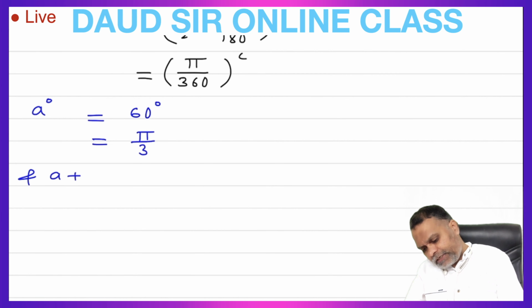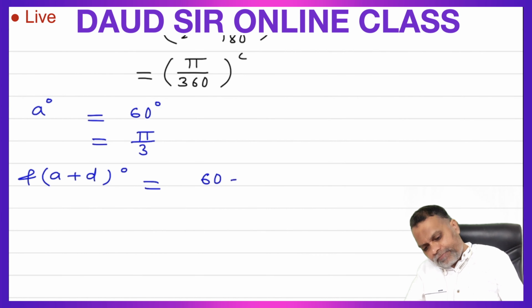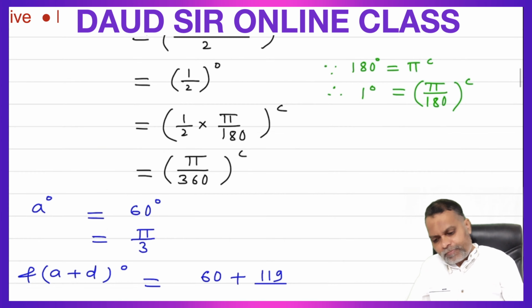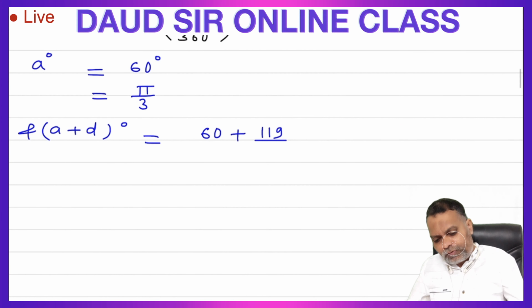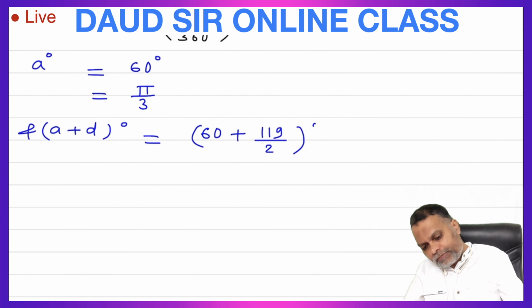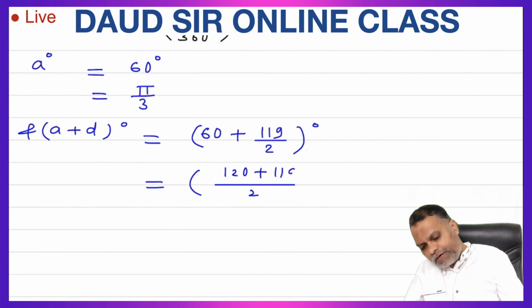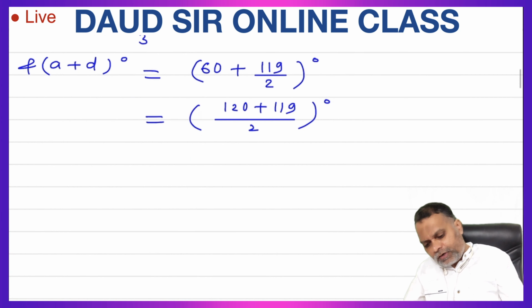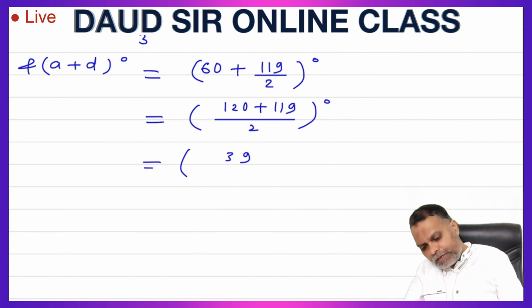And A plus D degree. A 60 plus D 119 upon 2. This much degree. Take LCM, 2 LCM, 60 into 2 is 120 plus 119 degree, which is 239 upon 2 degree.